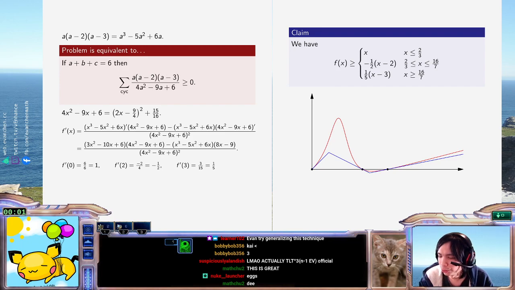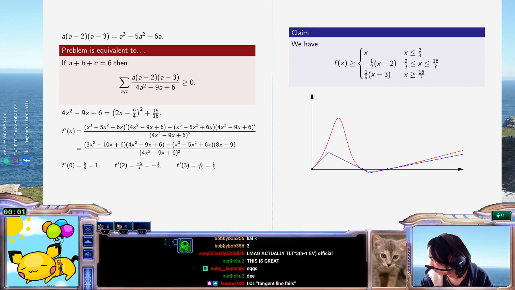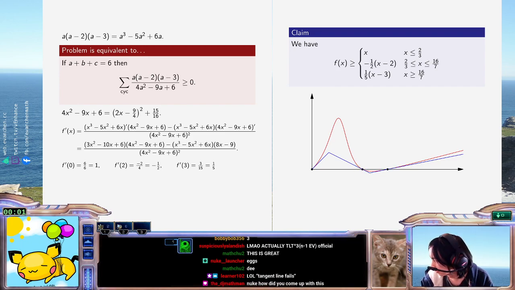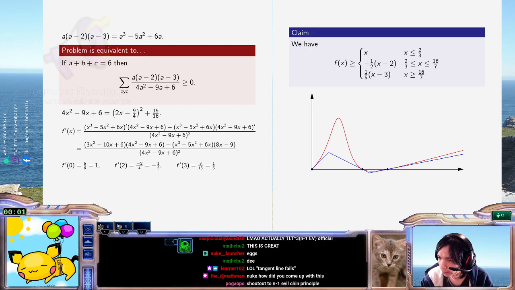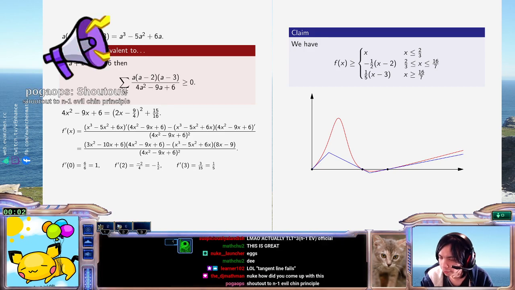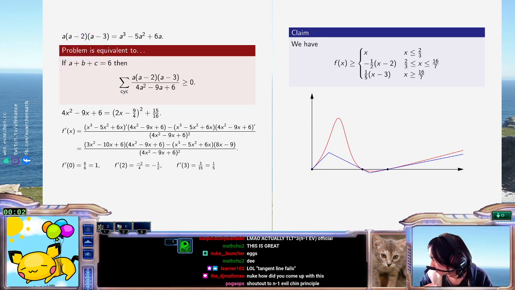I see. So you did the tangent line only at 2 and 3. You didn't use the 0 case, so you did it twice. I see. The tangent line hits at 1/2. So it'll work as long as... Okay, and if they're both less than 1/2, this estimate is good enough. Oh, okay. That's fine.